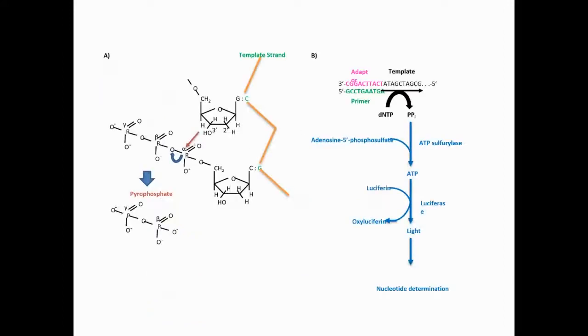So this is the principle here: you take the alpha phosphate, release the pyrophosphate, and this pyrophosphate, in the presence of ATP sulfurylase, will combine with adenosine 5-phosphosulfate into ATP.